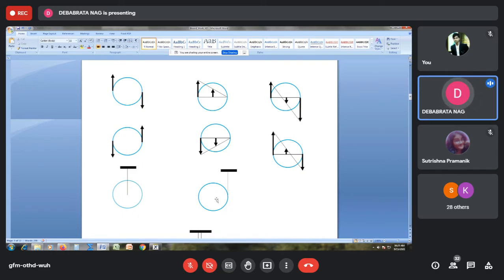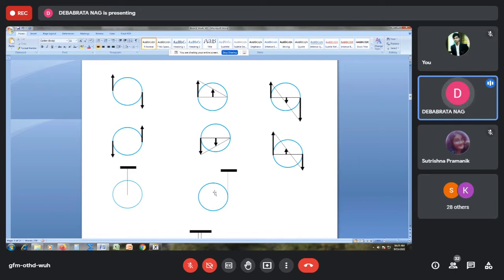But here, this is actually a combination of rotation and translation, because the center point of the pulley is having motion. The translational motion of the pulley about the center of mass will be given by this vector or this vector, and we can think that the entire pulley is rotating with respect to the center.